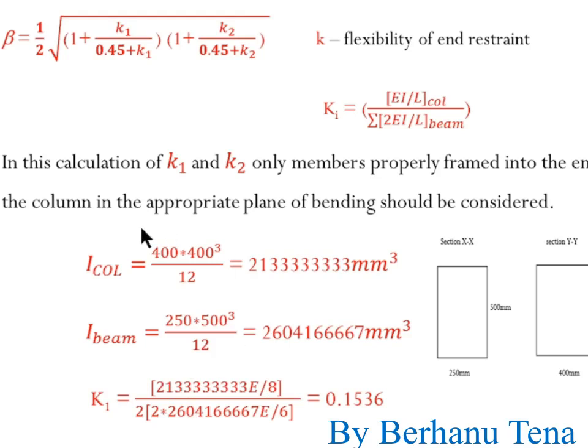Substitute these values in the k expression. E is common because our element is concrete, the same for beam and column, so the modulus of elasticity is the same. So k1 is 0.1532.